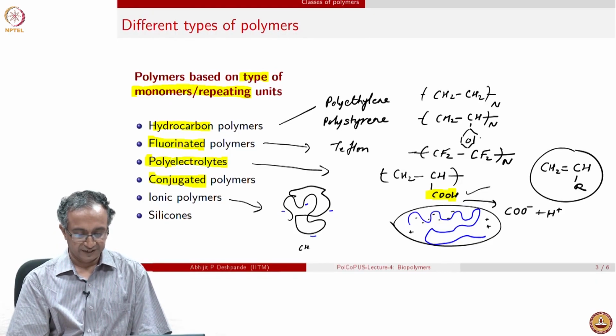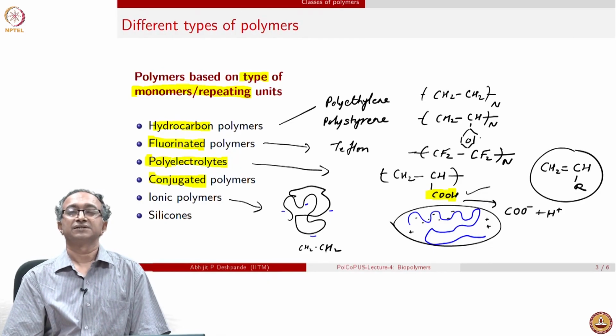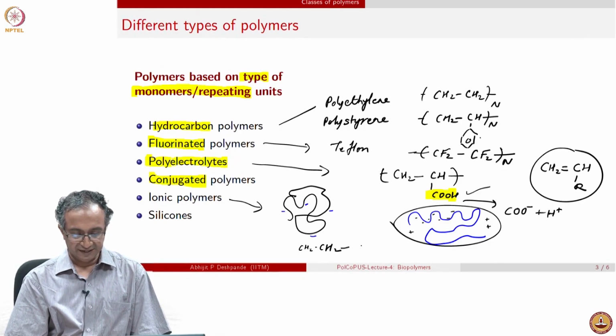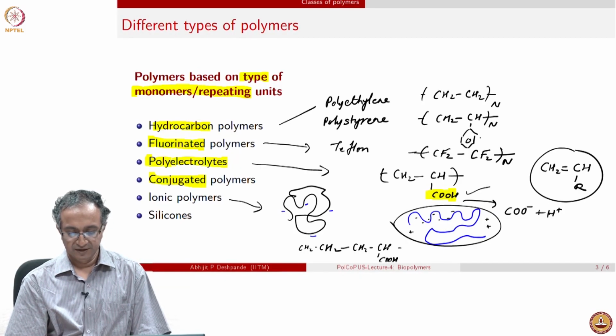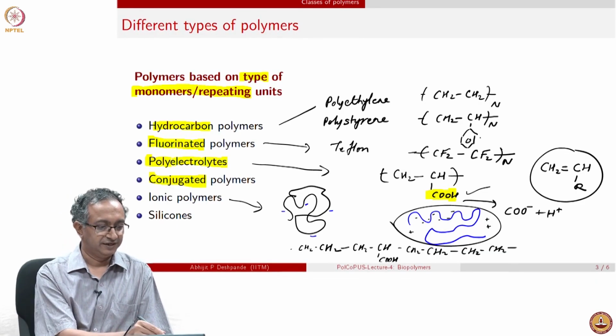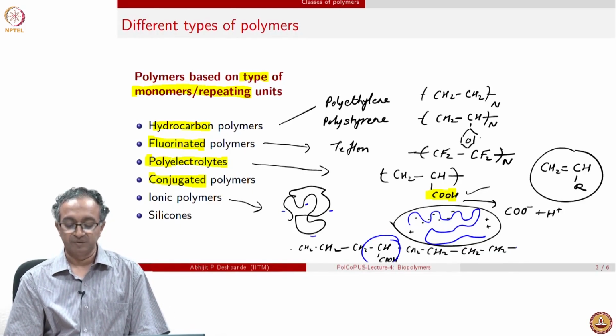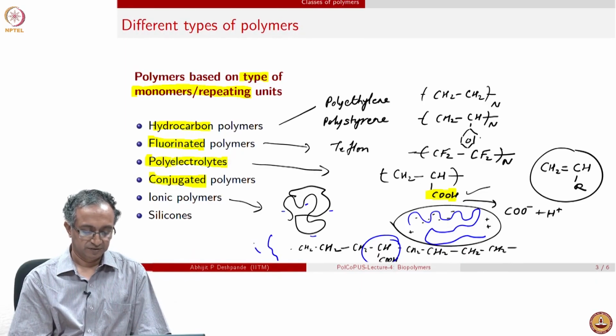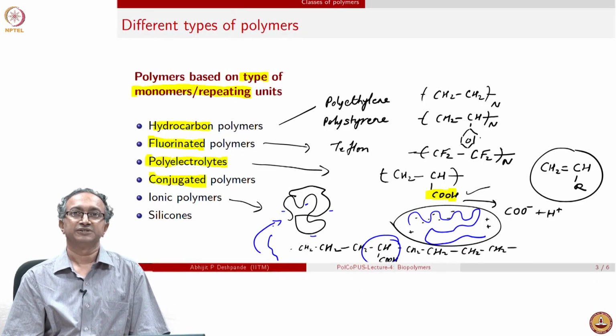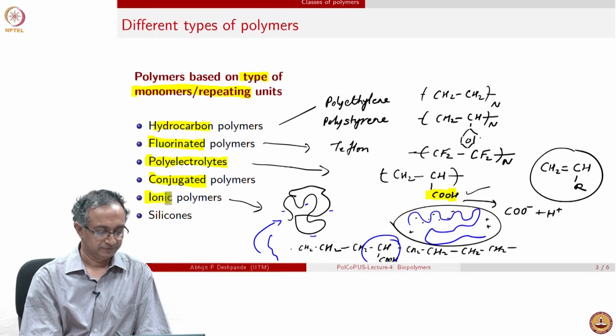So you can have CH2CH2, which is polyethylene, and then if this is combined with CH2CH, COOH, and let's say you put a lot more units of polyethylene, so what you will have is a very small number of ionic groups on a polymer chain. So then it will look pretty much like this, where the polymer chain has few number of ionic groups. So these are called ionic polymers.